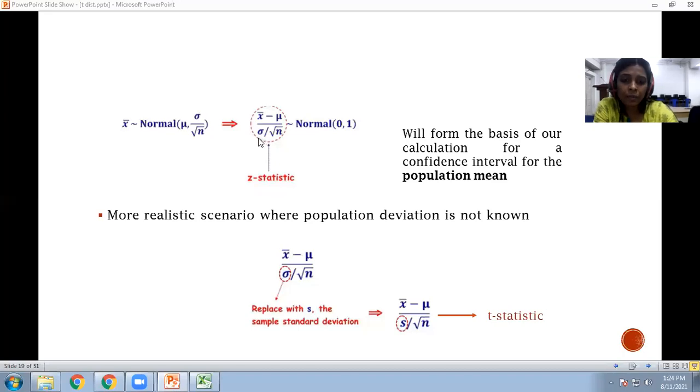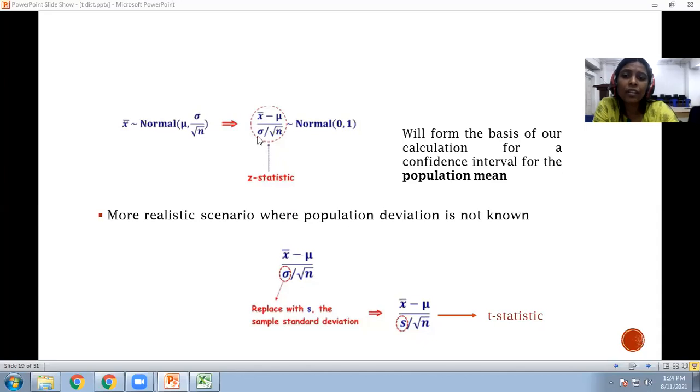For example, since we are going to solve problems, questions will be given to you. So until and unless your population standard deviation is mentioned in the question, that the population standard deviation value is this much, you cannot use the Z statistics. Only when it is given, you will use the Z statistics. Otherwise, we will mostly stick with T statistics, where there is just one difference between this and this.